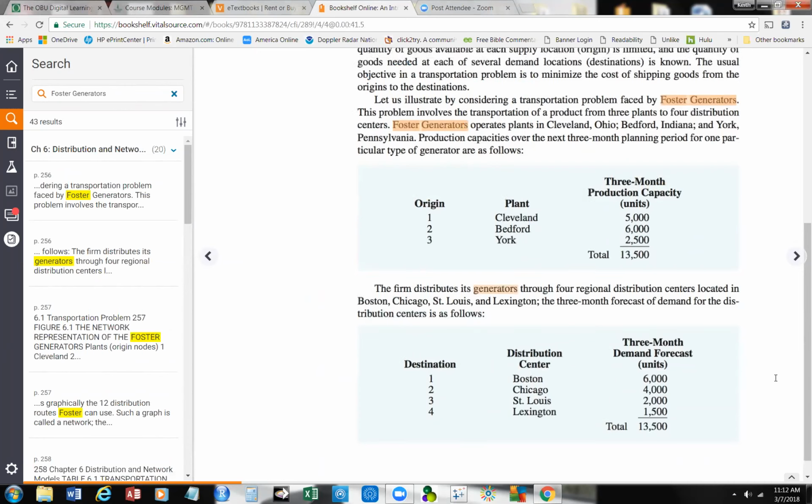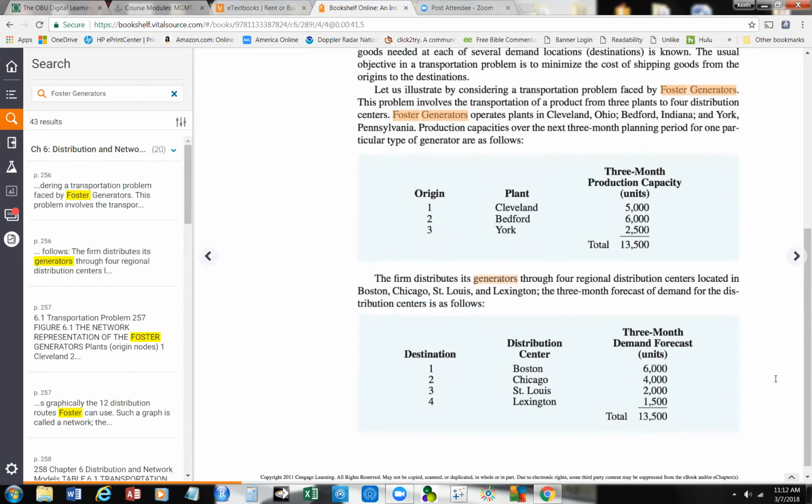Now I want to mention something here that the authors don't talk about, and I'm not sure you get this, and not everybody takes a production course. It's important to understand that when we talk about the capacity of a facility, there's the theoretical capacity and there's the operational or the real capacity. And never do the two meet.